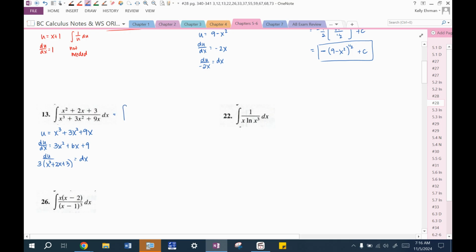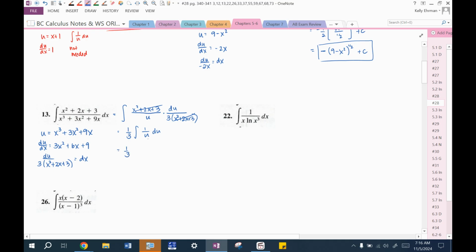So we have the integral of x squared plus 2x plus 3 over, this bottom part was u. Instead of dx, we have du over 3 times x squared plus 2x plus 3. So those will cancel. Let's make the 3 in the denominator a 1/3 on the outside. And now it's just 1 over u du.